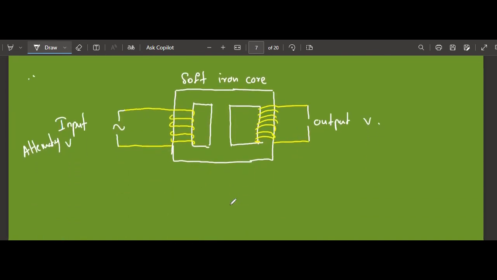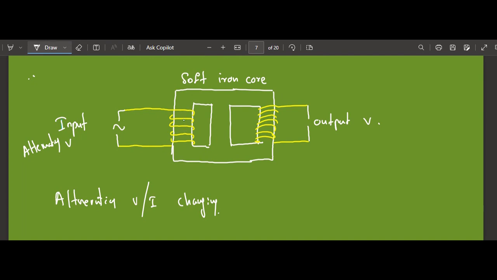Now we are supplying an alternating voltage. Alternating voltage has an alternating current, which means the current is changing. So here we have a coil with current.